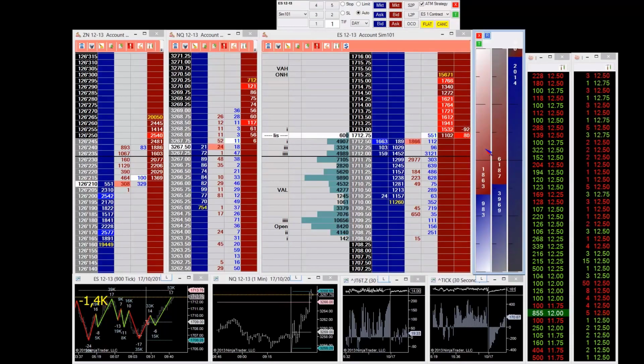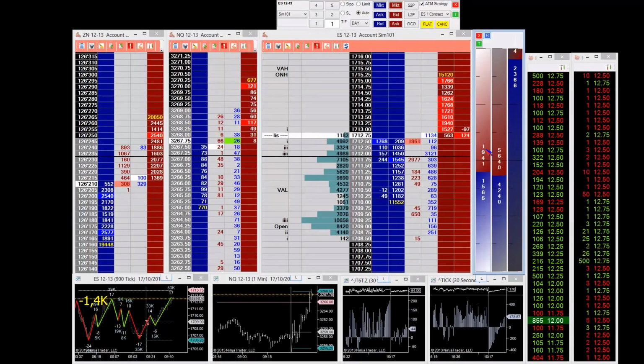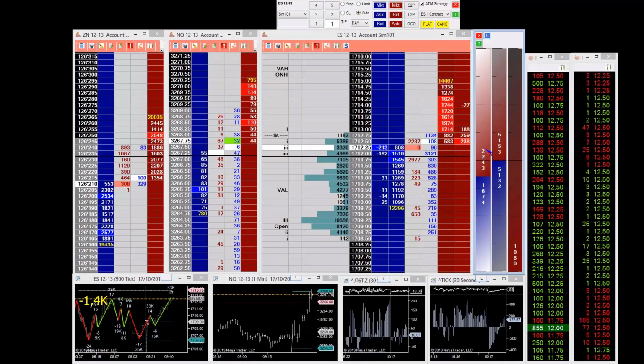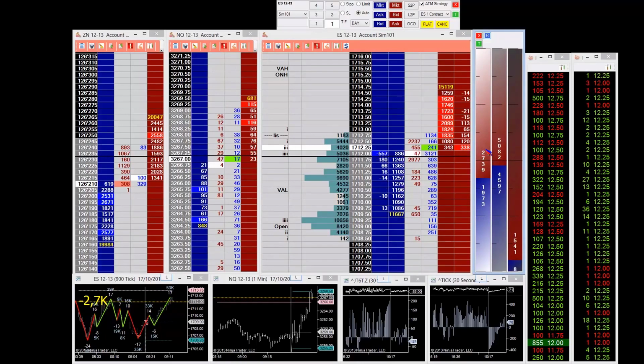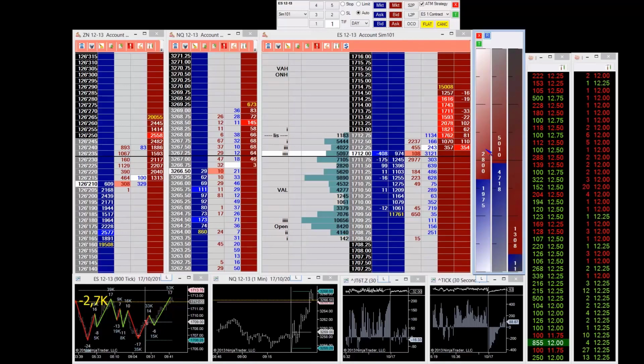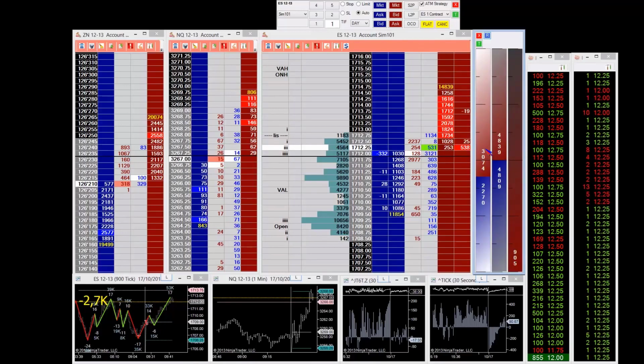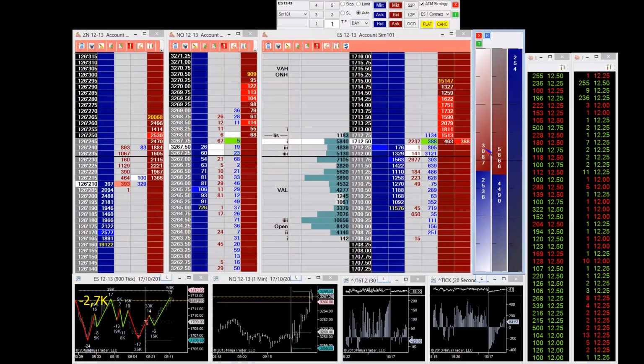One of the advantages of this is that it shows you the totals. In a decent move up, you would expect buy market orders to be between 1.5 to 2 times the sell market orders, and vice versa. If it's moving down, sell market orders should be 1.5 to 2 times the buy market orders.